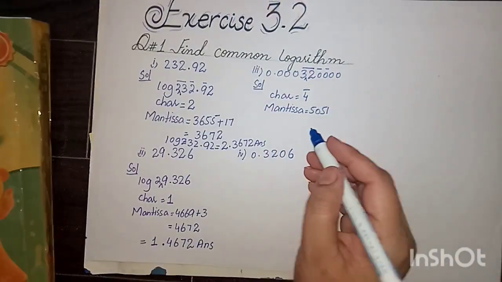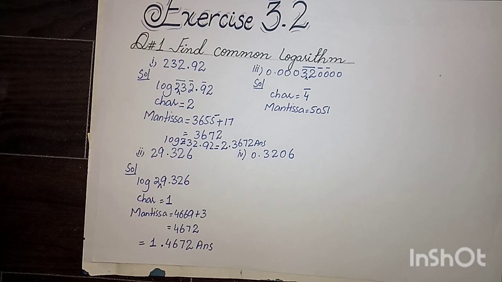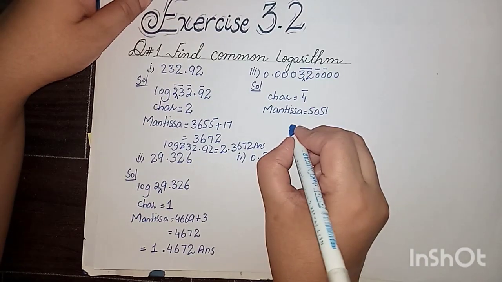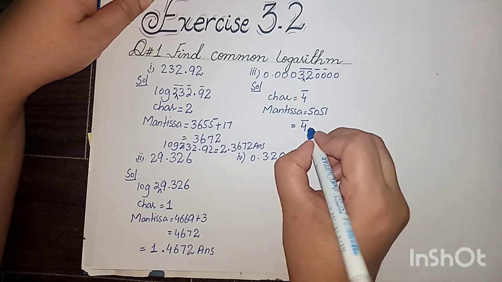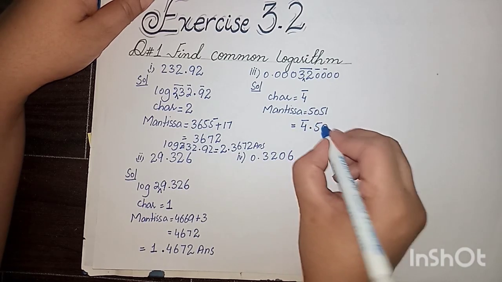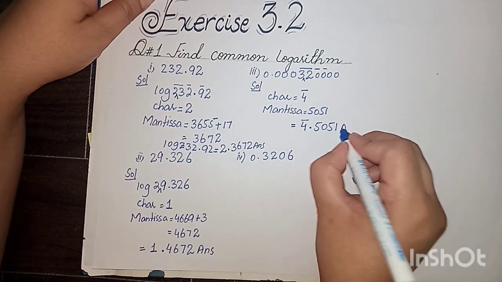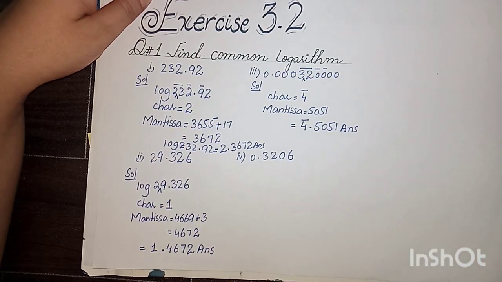This is enough. So log of 0.00032 is equal to characteristic minus 4, then decimal point and 5051. This is my answer.